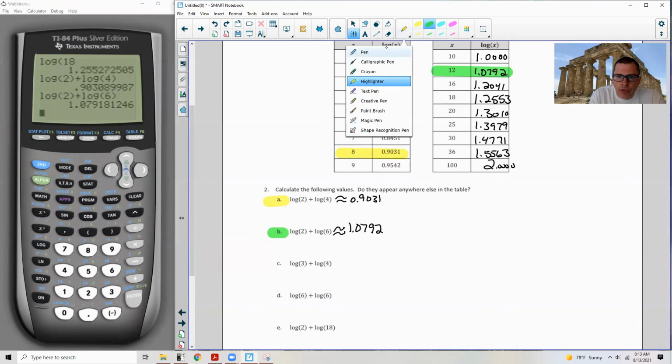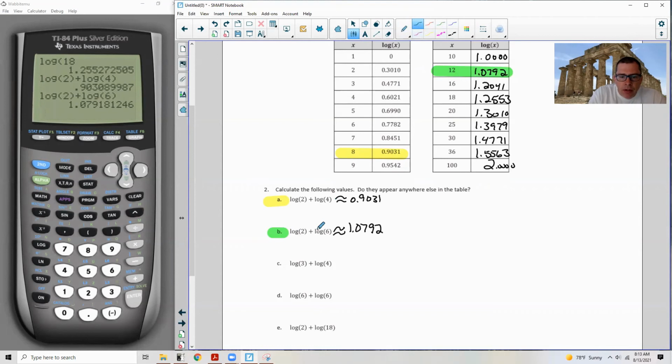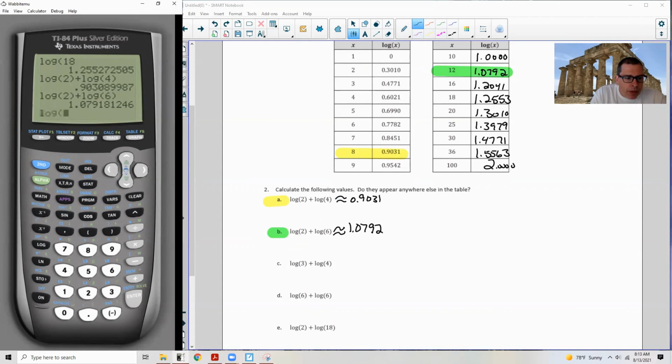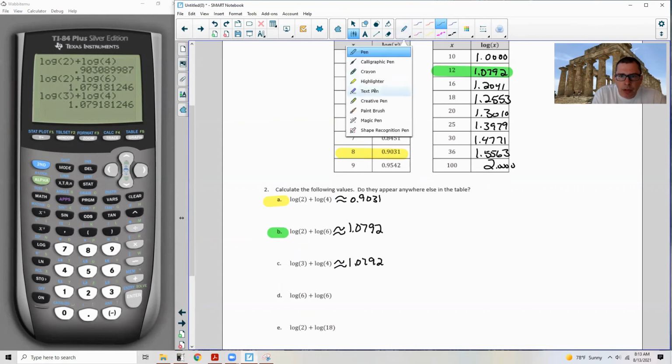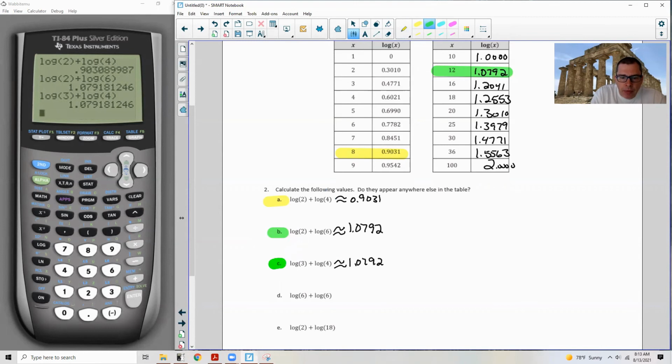Okay. Hopefully you're putting 2 and 2 together here. We're leading up to something. D, log of 3 plus log of 4 equals an approximation of 1.0792 again. Well, that's the green one. So let's go back to my highlighter. This matches this. So that gets a green mark. Let me go back to my pen.